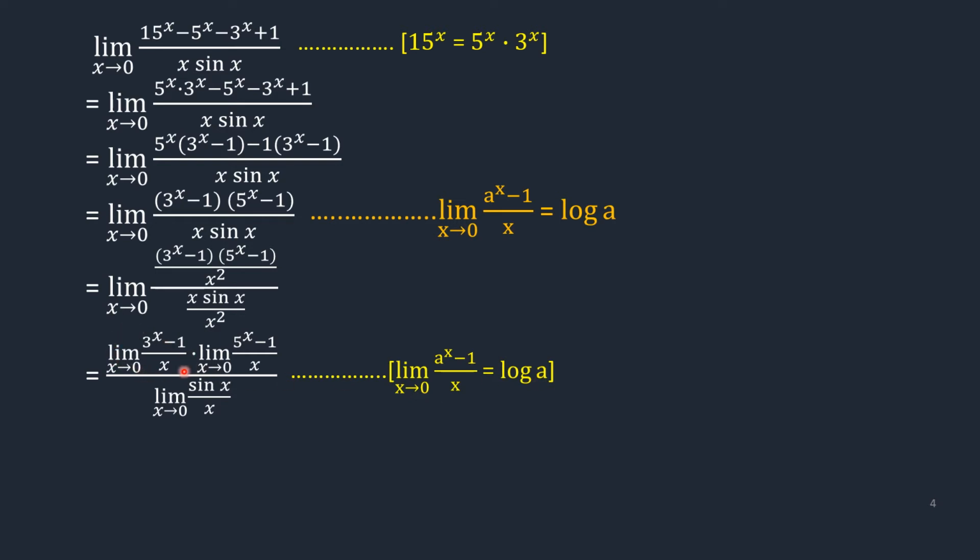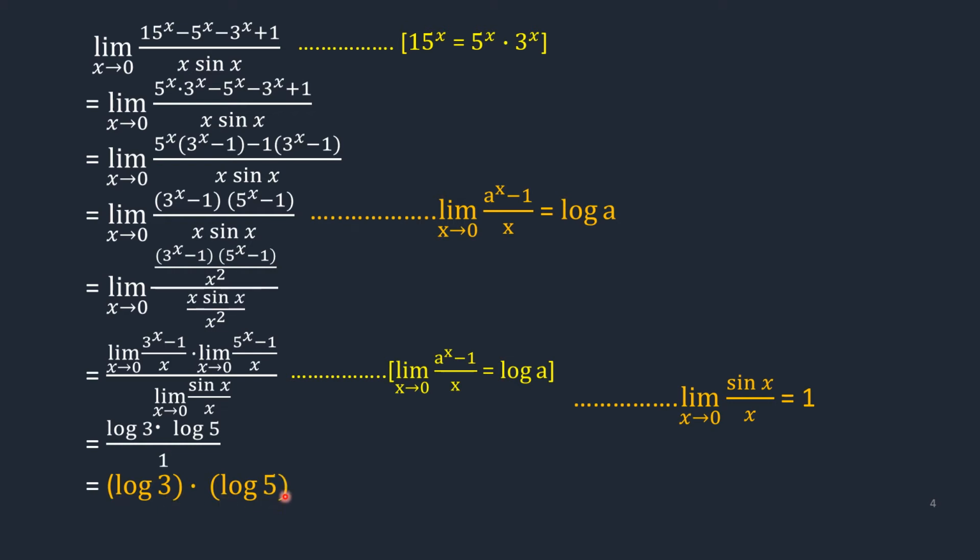For this limit, we can write log 3. For this limit, we can write log 5, and for this limit, we will write 1 because we know limit of sin x over x as x approaches 0 is 1. And finally, the answer will be log 3 multiplied by log 5.